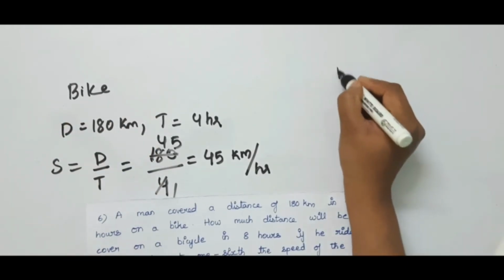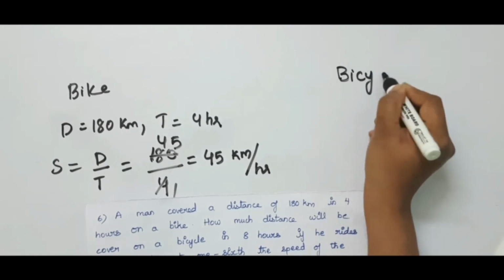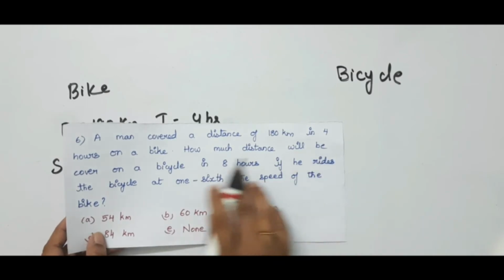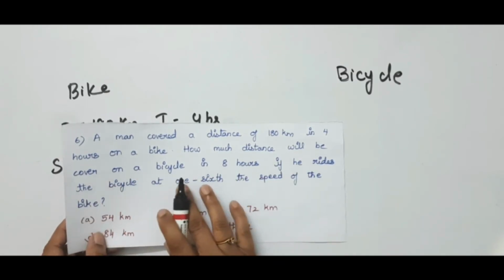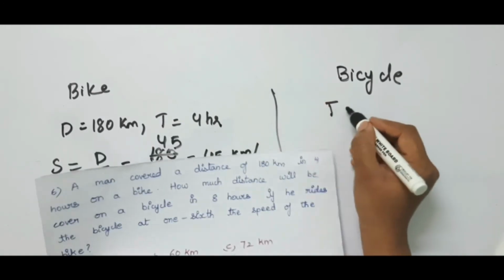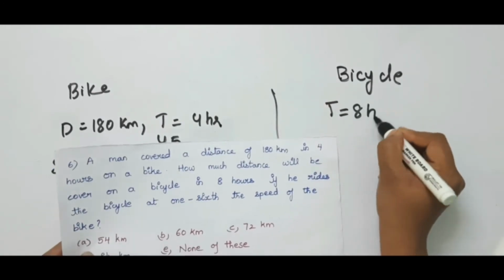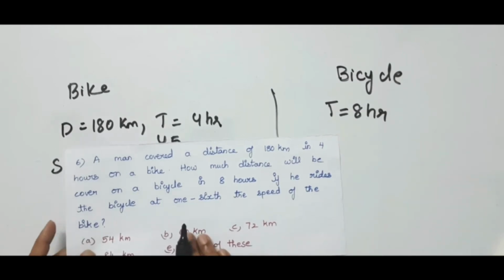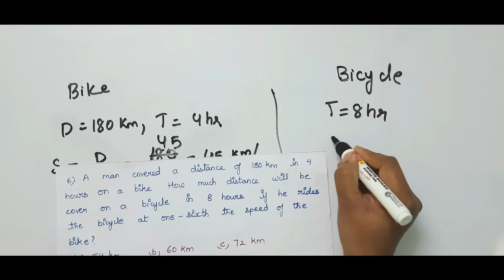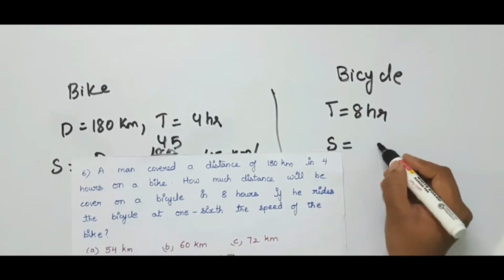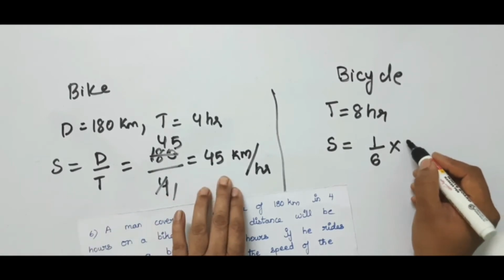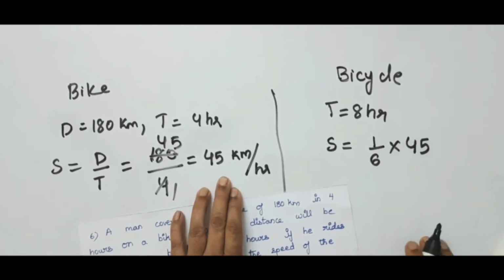For the bicycle, he asked how much distance it will cover in 8 hours. So he has given the time for the bicycle as 8 hours, and he has given the relation between the speed of the bicycle and the speed of the bike. That is, speed of bicycle is equal to 1/6 of bike speed. What is the bike speed we got? It is 45. Is it not?